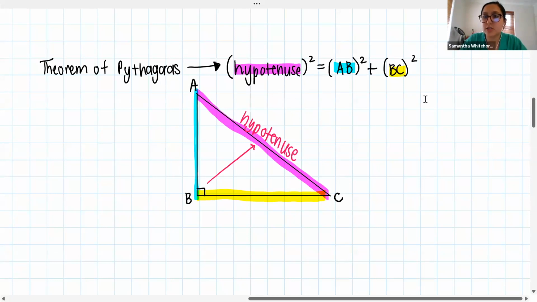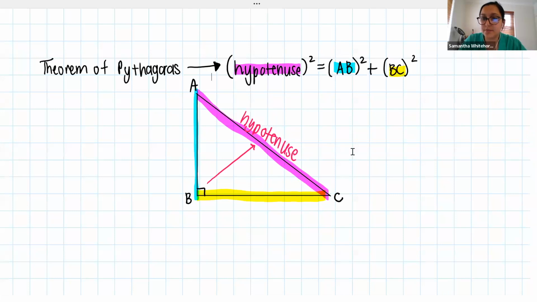And we can use that to work out any side length in our triangles. All right, so the side opposite the 90-degree angle is my hypotenuse. We can use the information we're given to find one of the missing sides in my triangle.